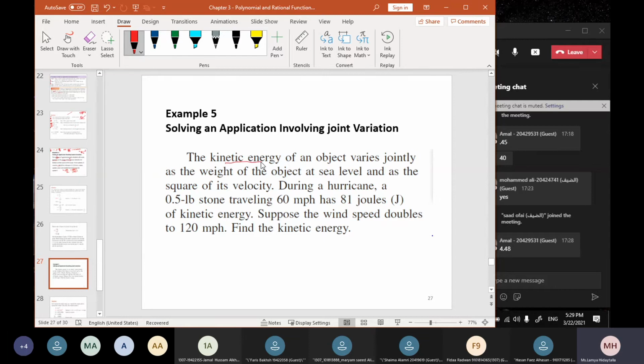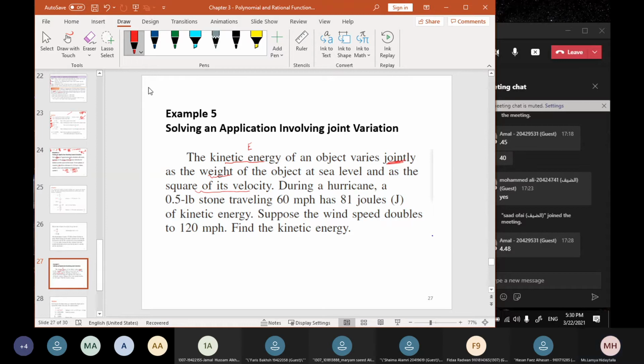The kinetic energy of an object varies jointly as the weight of the object and as the square of its velocity. So it depends on two things, the weight and the square of its velocity.